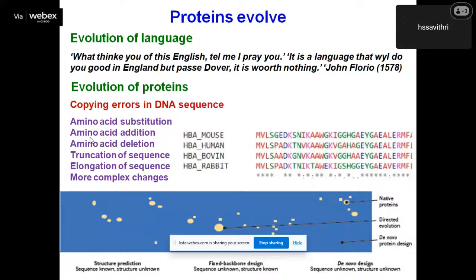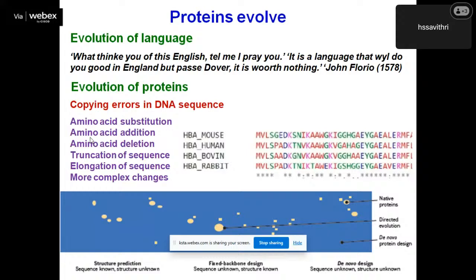But you see that modern English is quite different from this. Why did it happen? Languages evolve. With time, we change. We Kannada speaking people know how difficult it is to understand, let's say, Pampa or Ranna, because they use Kannada which is 1,000 years old. So languages evolve.